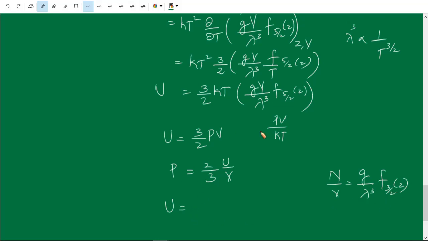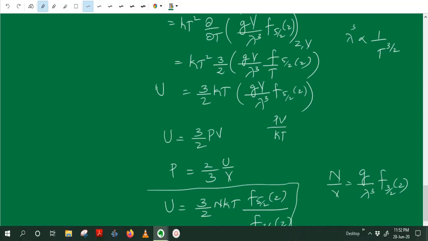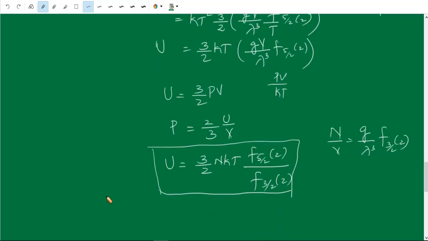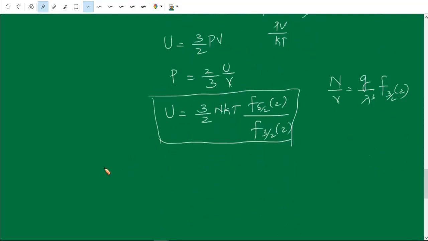Using this, we can write U as 3 divided by 2 N kT f 5 by 2 of z divided by f 3 by 2 of z. So this is another expression for the internal energy of the system in terms of these Bose-Einstein functions. Now the specific heat capacity.